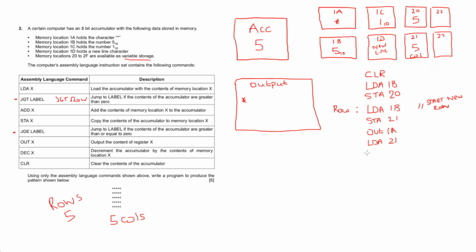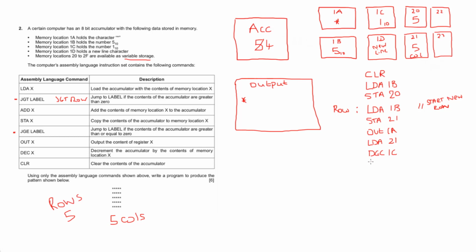And then I'll say decrement, DEC, decrement by register 1C. Decrement by 1, because there's 1 in 1C. Hopefully you can see that. What that would do is chop this to 4. Remember, this has to be done in the accumulator because the accumulator deals with the arithmetic operations in this case.